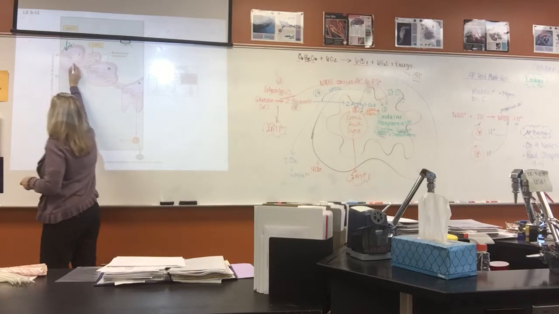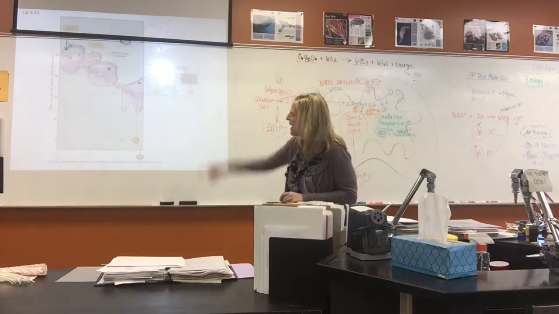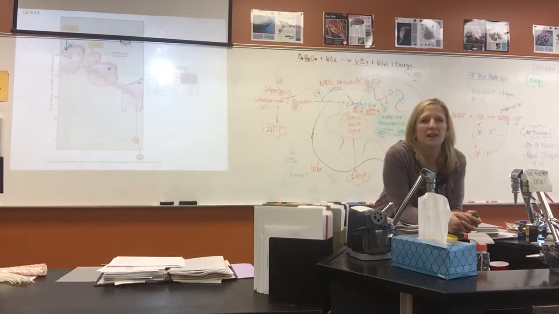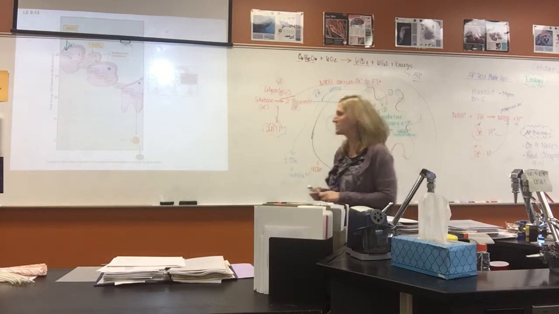Let me ask you, why in the world would that happen? Why don't the electrons just stay with that FMN molecule? What do you think it has to do with? Because the FeS molecule is more electronegative, so it takes the electrons from it. Absolutely.